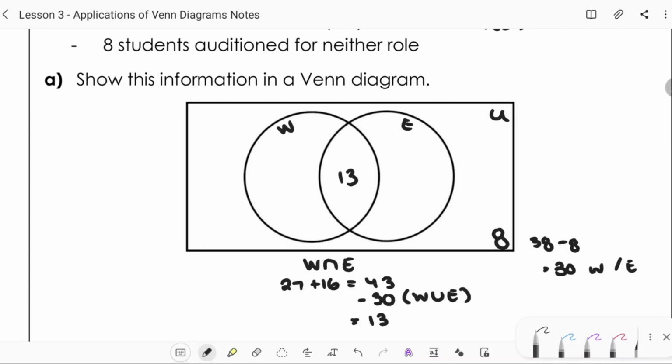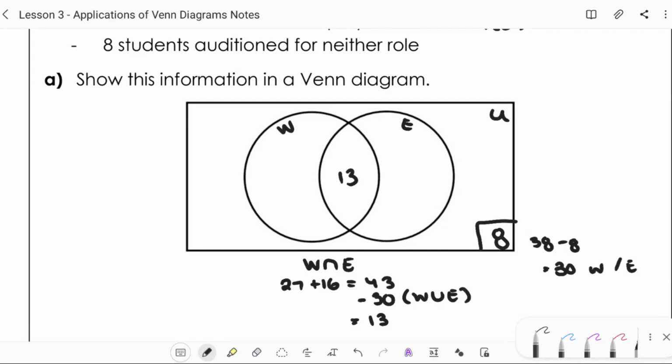There was only 38 kids that showed up. And if I know 8 of them did nothing, I know 30 of them are somewhere in the union of wizards and elves. And 13 are the intersection.